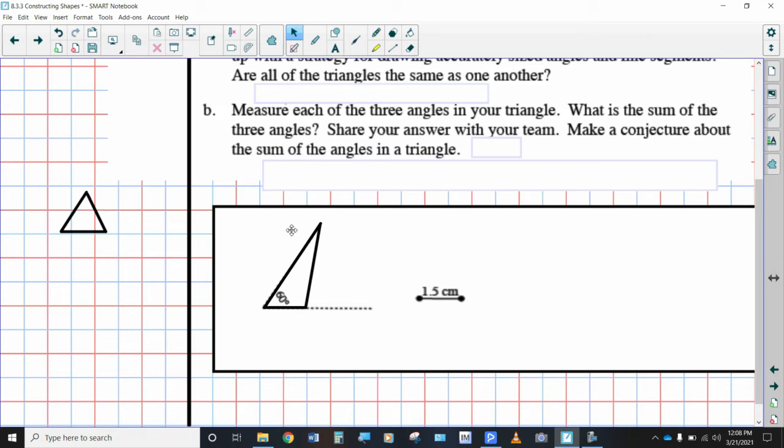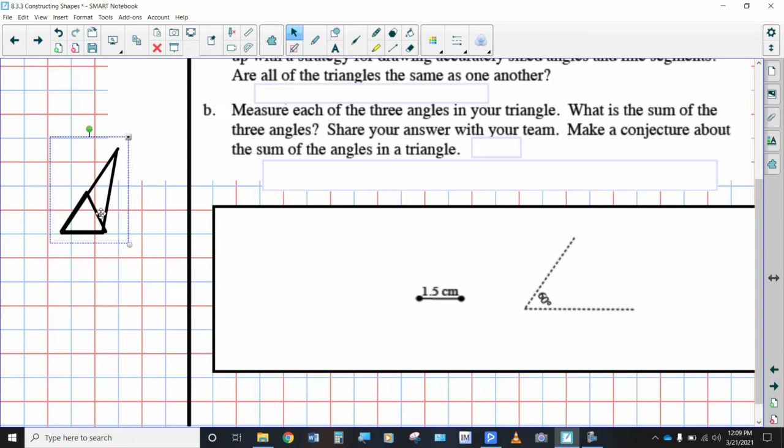And what do we have going on here? We've got yet a different triangle. So right there, I've shown how we can take 2 different triangles that meet the same criteria, where there's a line segment that is 1.5 centimeters long and one angle that is 60 degrees, but there was no criteria for the other angles or the other sides. So are all the triangles the same?